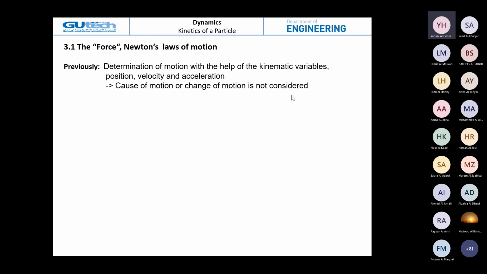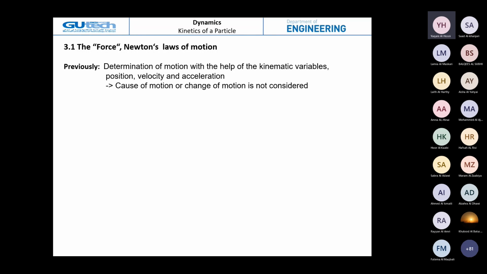It means that in mechanics 1 and mechanics 2, we had only the static case. The change of motion has never been considered in the equations. We never considered the acceleration. You have always done the sum of the forces, the equilibrium equation, the sum of the forces is equal to zero.